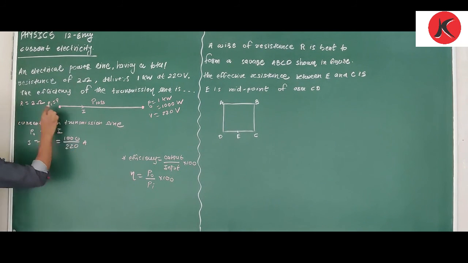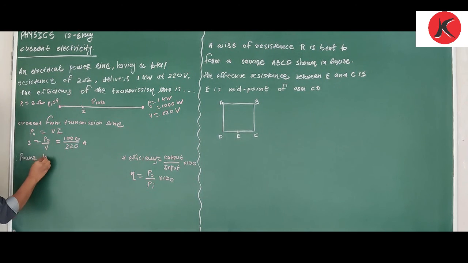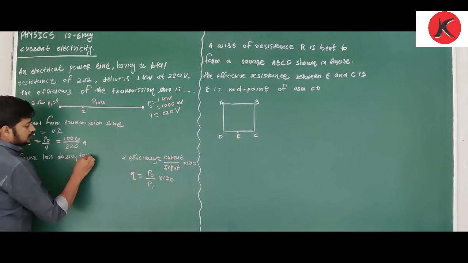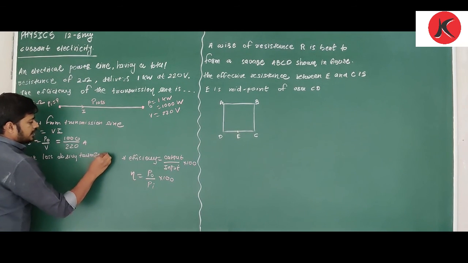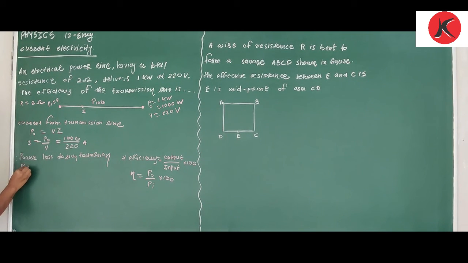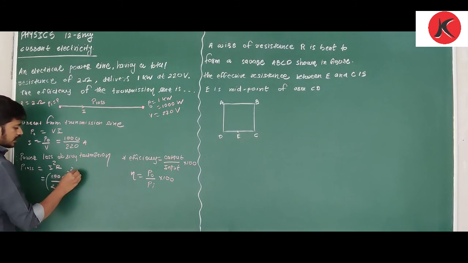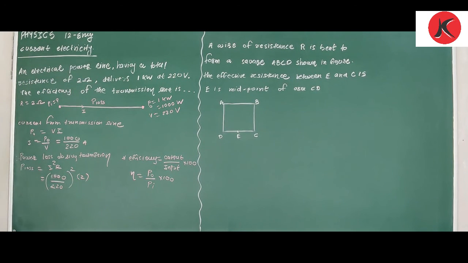Now the resistance of this transmission wire is R. So the power loss during transmission, P loss, is equal to I square R, which is 1000 upon 220 whole square, and R here is 2.